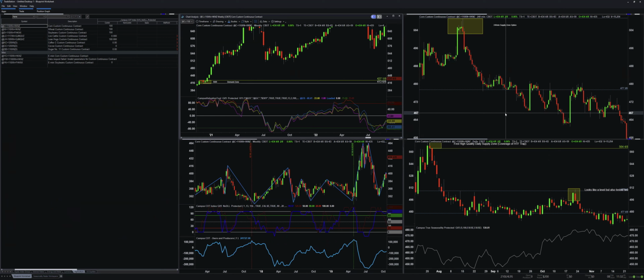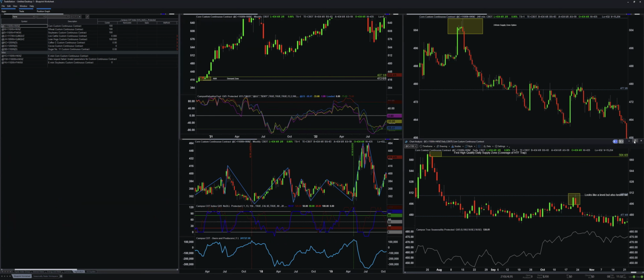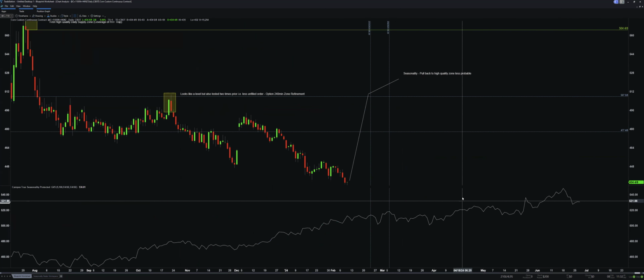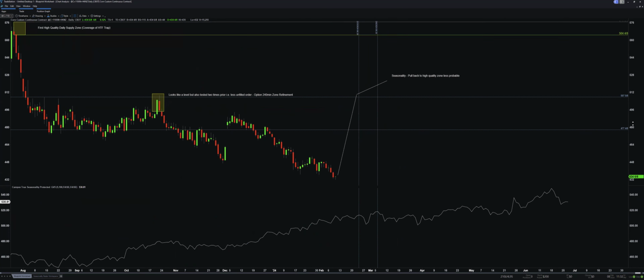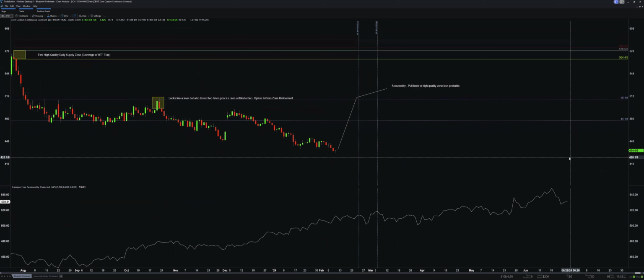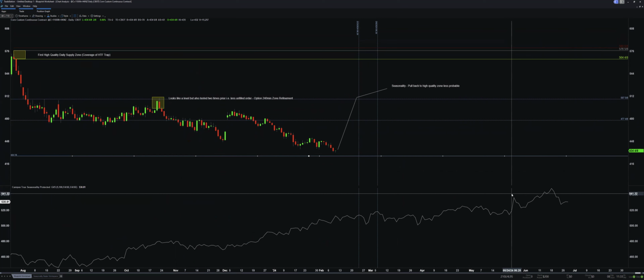So I'm going to bring up the daily chart. I'm going to enter a horizontal line just to help me locate the 427 mark. So 427. Tim, I recommend don't work with the horizontal lines here.